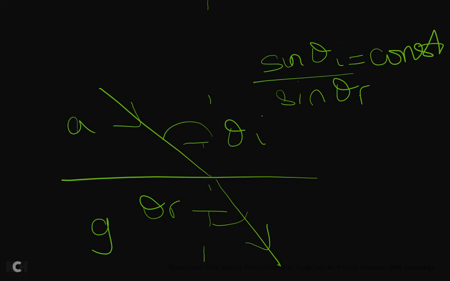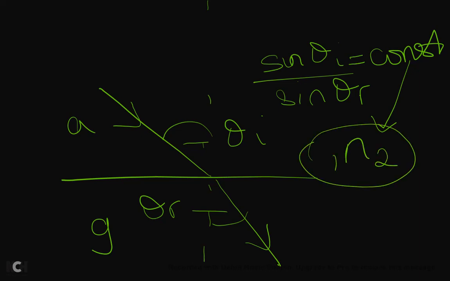So what is that constant value? The constant is in fact a ratio of the refractive indices or the velocities, or when we do waves, the wavelengths. And the constant is indicated by n12.